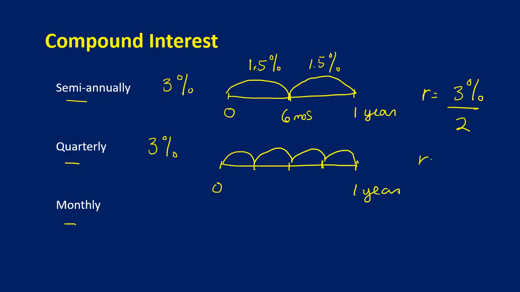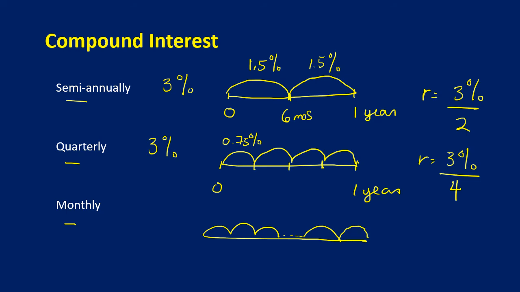But what will be the rate here? 3% divided by 4 or 0.75% per period. Understand?